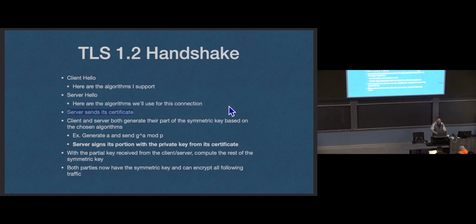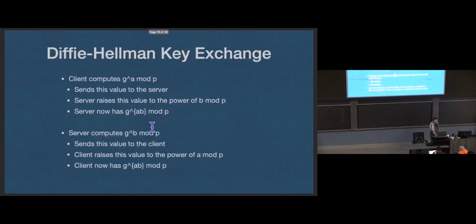Server's going to send its certificate, which is signed by a CA, so we can send that over. Notice none of this can be encrypted. None of this is going to be encrypted, but the certificate is signed, so we can verify that that certificate is good. Client and server go through this key exchange. When the server sends G to the A mod P, when the server sends its part, didn't I say the server was B?